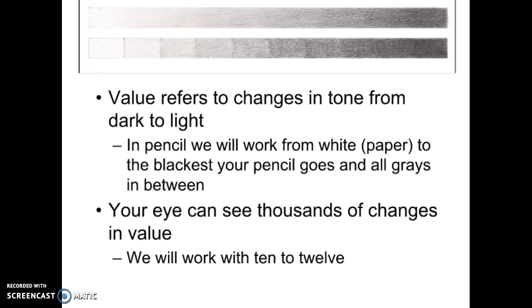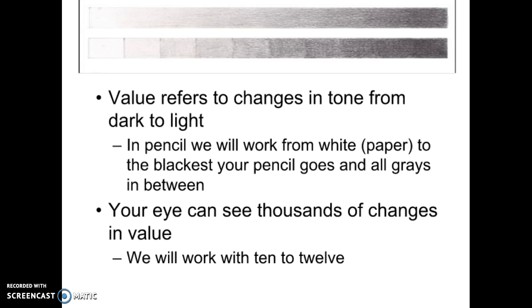Using a graphite pencil, we will work from the white of the sheet of paper to the darkest black or gray that your pencil can go, and all of the grays in between. You can train your eye to see thousands of shifts or changes in value, but it does take practice.